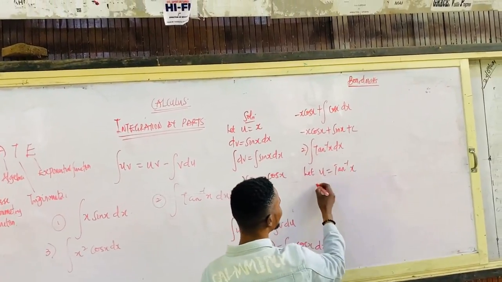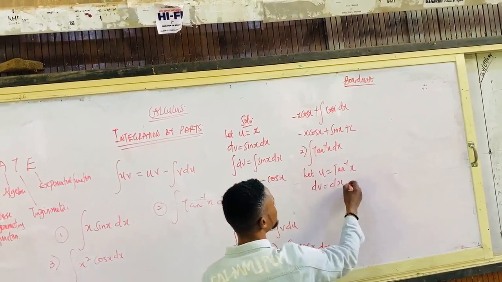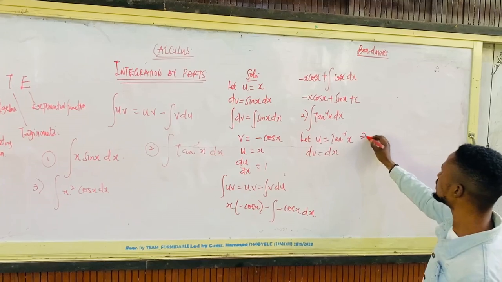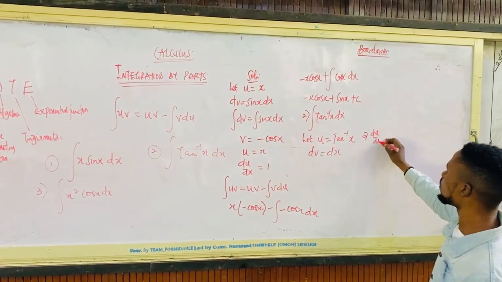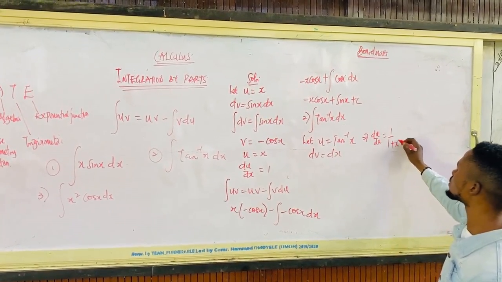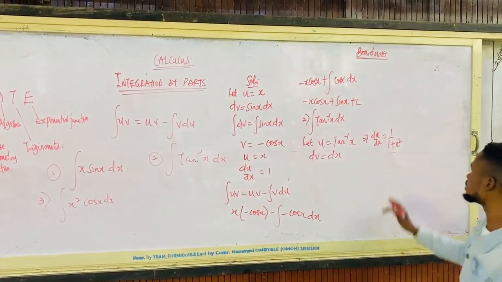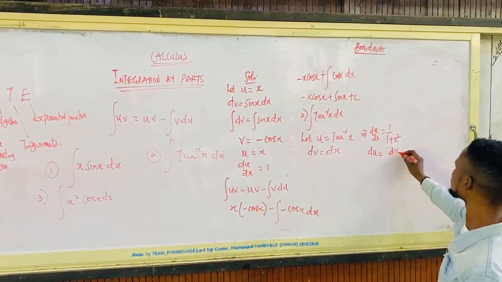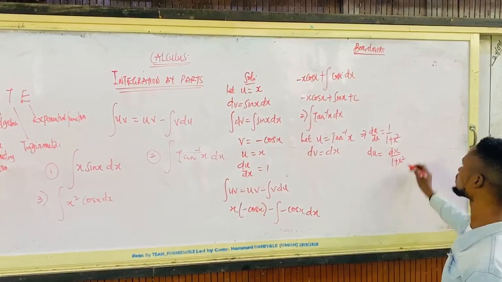If you differentiate this, du/dx is 1 over 1 plus x squared. So that means my du is equal to dx over 1 plus x squared.